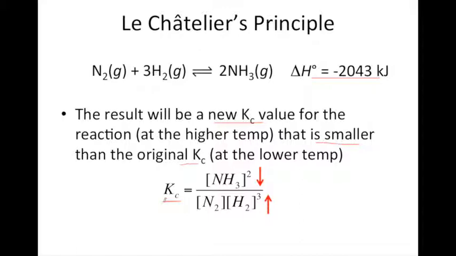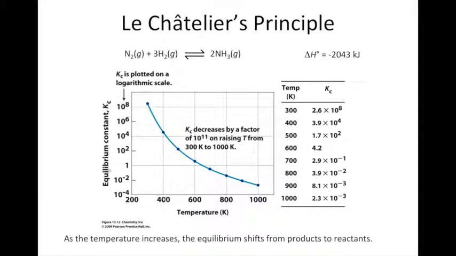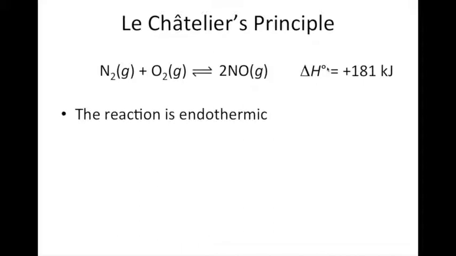Hopefully you can see why that is. Here we have a graph of several different Kc values for this reaction at different temps. As we increase the temperature, the Kc value decreases. And so we get smaller Kcs for this at increased temp because this is an exothermic reaction. Well, what if we have an endothermic reaction?